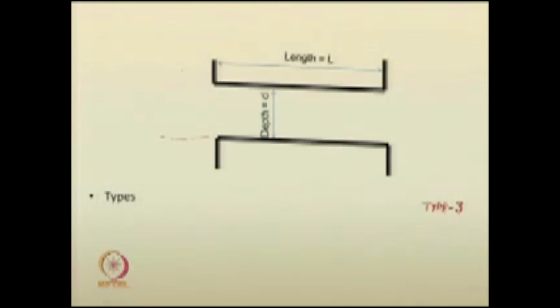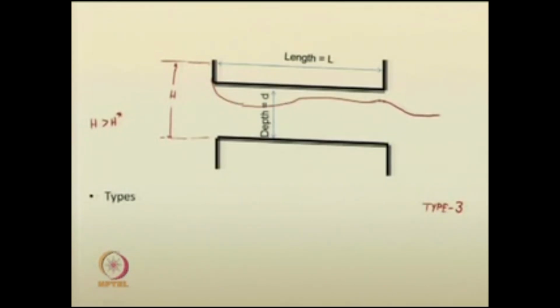Here, although you have headwater depth H, H is greater than the critical value, still the flow inside becomes like this. It will gush like this, then it will flow like this, then at the outlet it will come and drop to y t. Such type of flow is called type 3 flow.